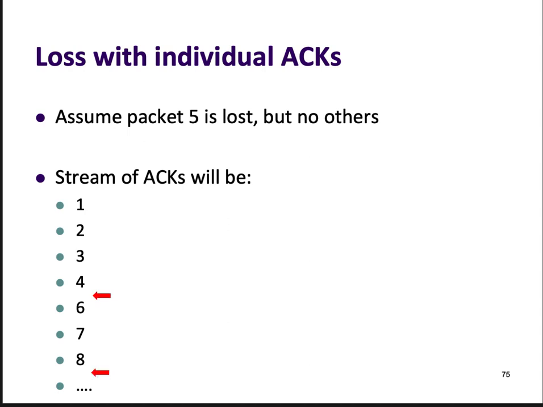So after we've said k subsequent ACKs, in this case, let's say it's 3, after I've gotten an acknowledgement for packets 6, 7, and 8, the sender is going to say, by this rule, packet 5 is lost. Okay? So we're going to treat this as equivalent to a timeout. At this point, we've decided packet 5 is gone.